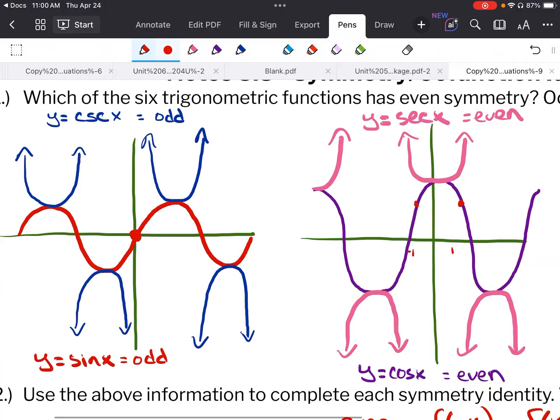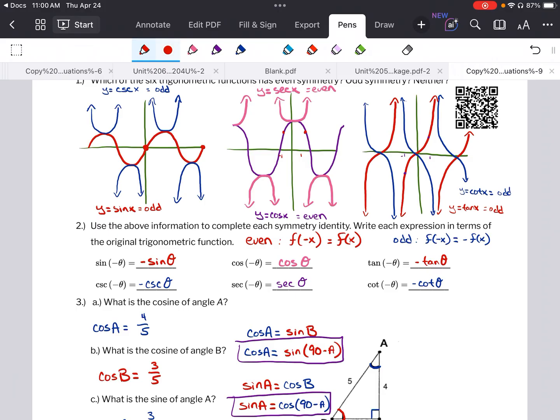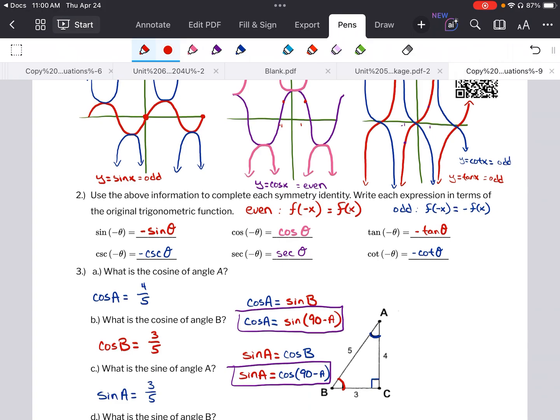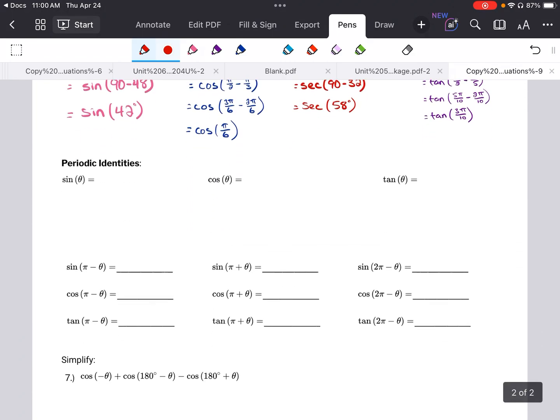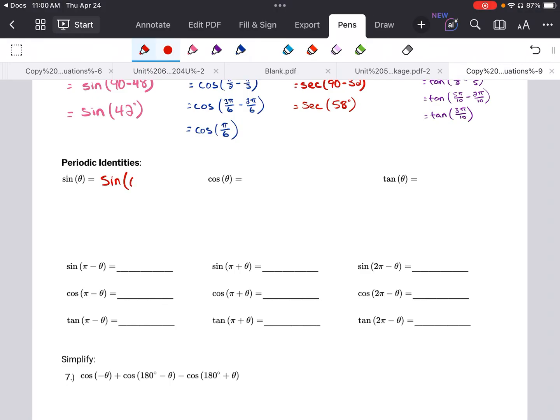The next time it gets there is one full cycle, one full circle. Cycle and circle, same thing here. So it'd be theta plus 2 pi because it's taking another 2 pi to start the cycle. So sine theta would be the same as sine of theta plus 2 pi.